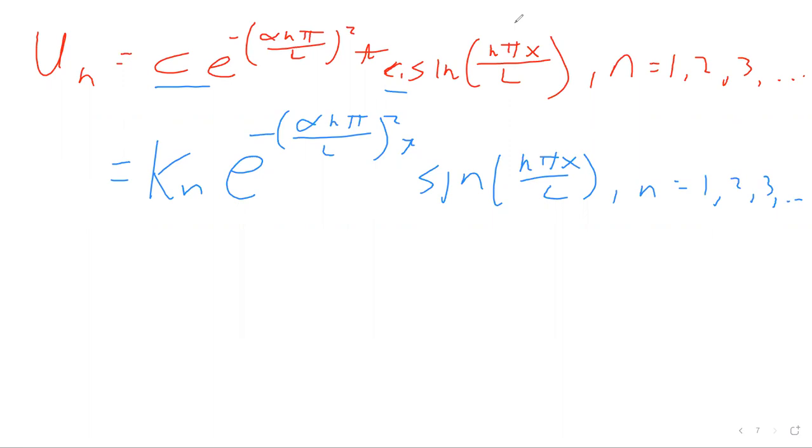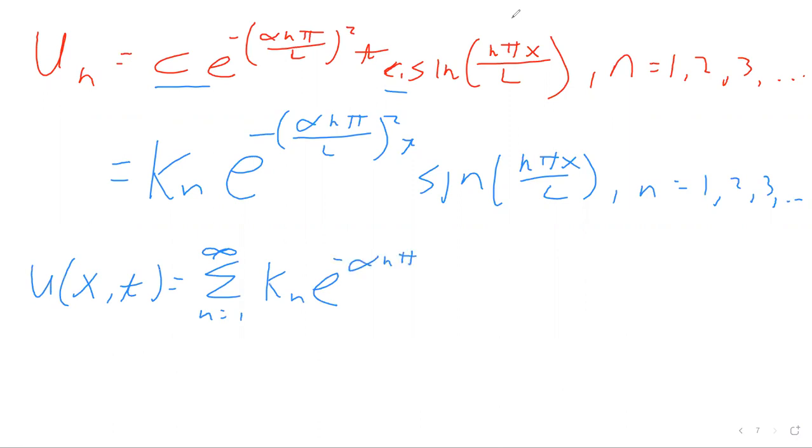We're using all of these n's. So our overall u is going to be a summation of these. And now to find these k values, this should look kind of familiar.